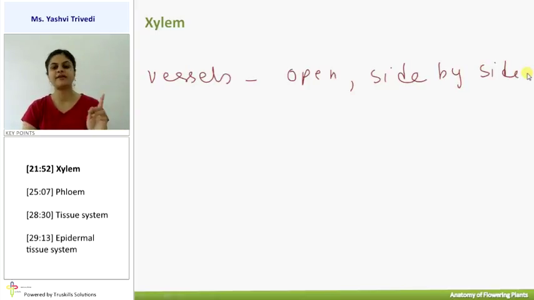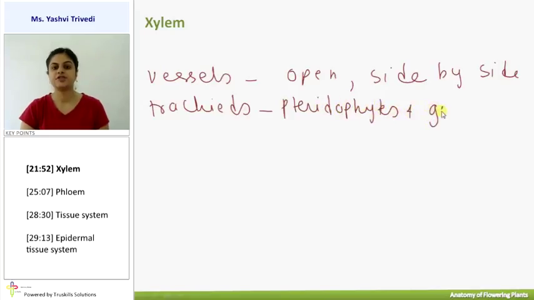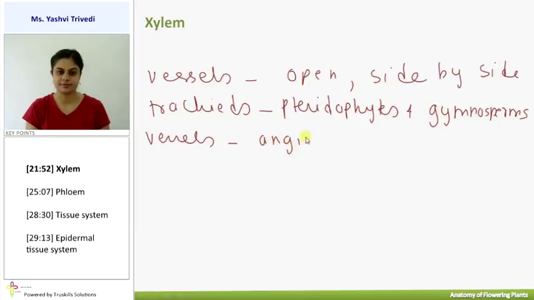Tracheids were overlapping, vessels are adjacent to each other, that is side by side to each other. Another difference would be tracheids are mainly present in pteridophytes and gymnosperms, and vessels are mainly present in angiosperms. So this is tracheids and vessels.